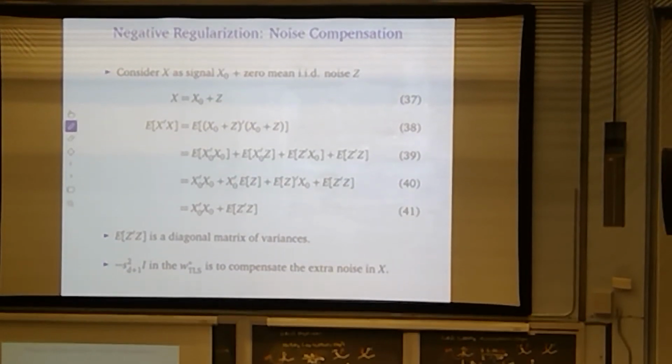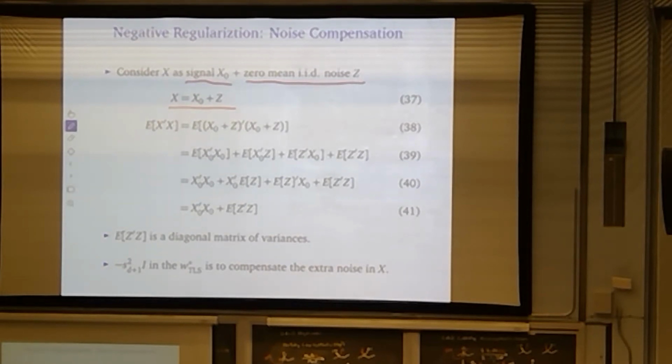Now, let's try to understand this negative regularization. Let's consider x as some signal x0 plus some zero mean IID Gaussian noise, okay? This is some ground truth, no randomness.